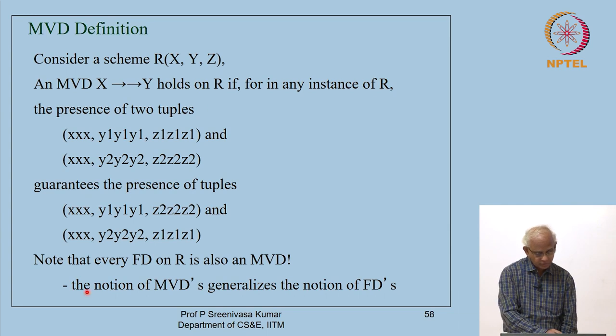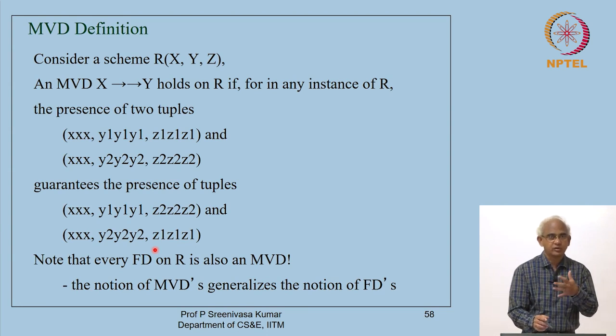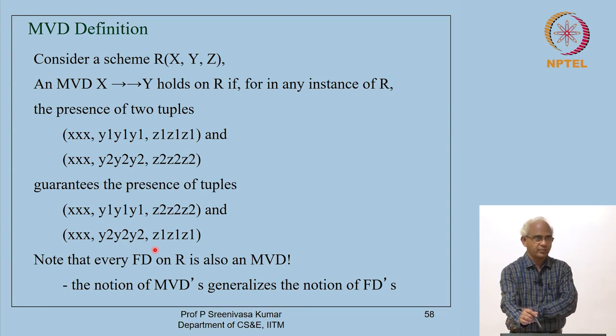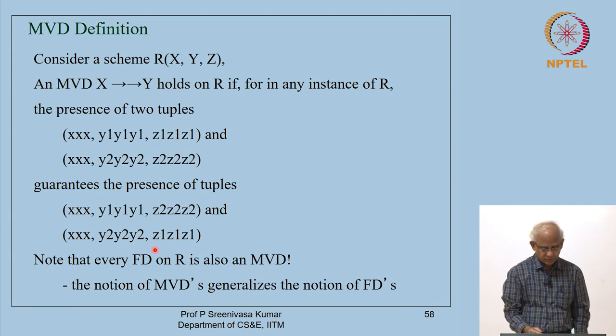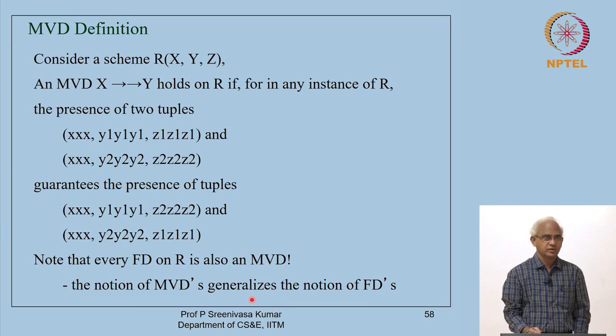Now, notice one more thing here. In fact, every functional dependency can be thought of as a multi-valued dependency. So, I am claiming that multi-valued dependencies generalize the notion of functional dependencies.